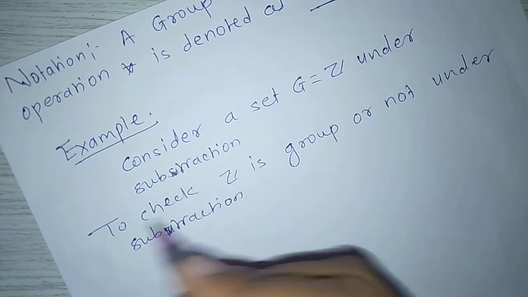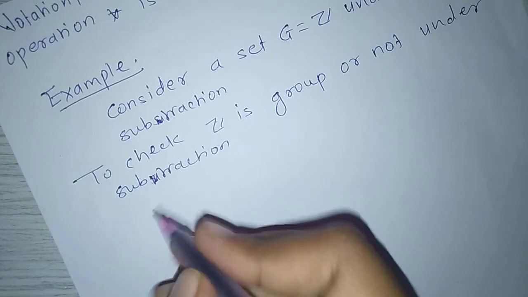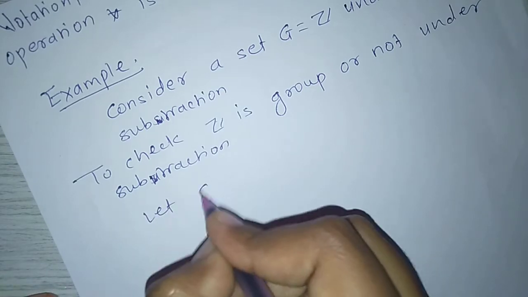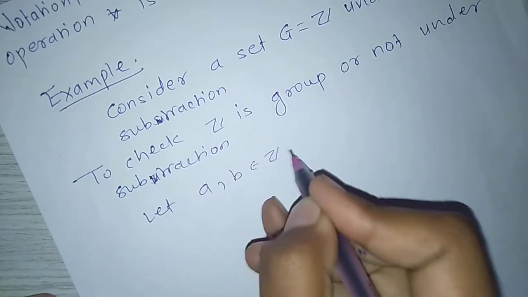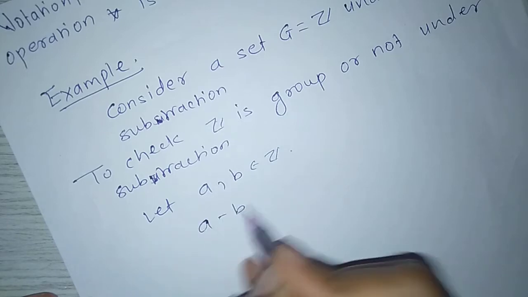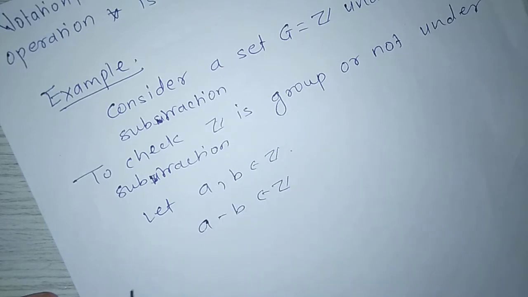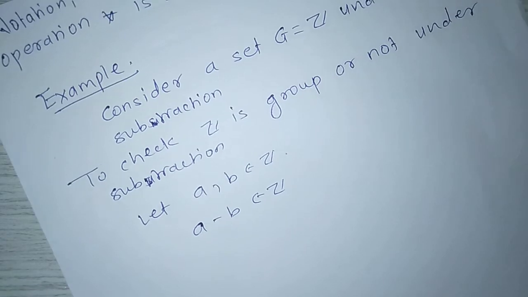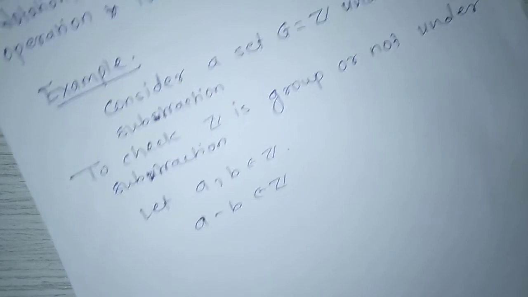First, closure. Let a, b belong to Z, then their subtraction also belongs to Z. This means subtraction is a binary operation on Z.